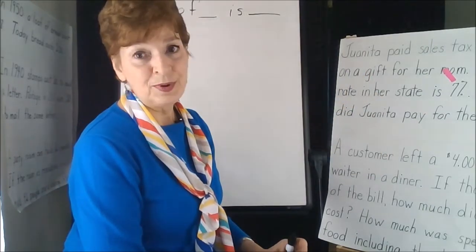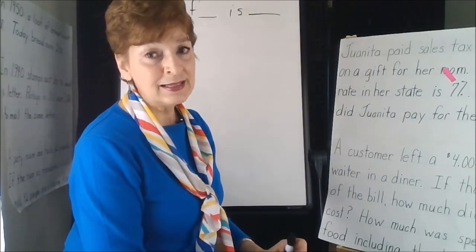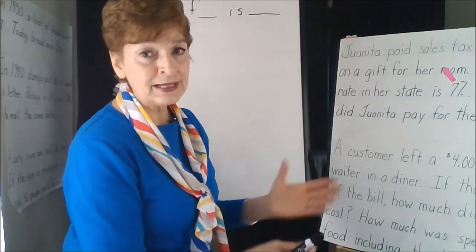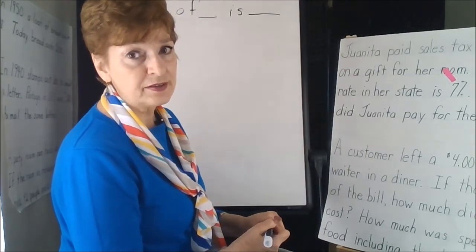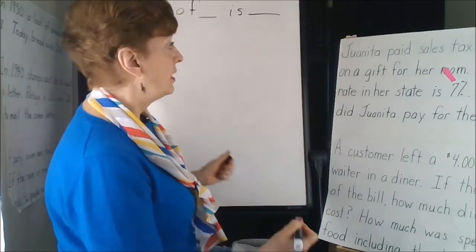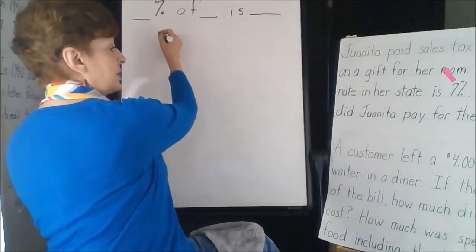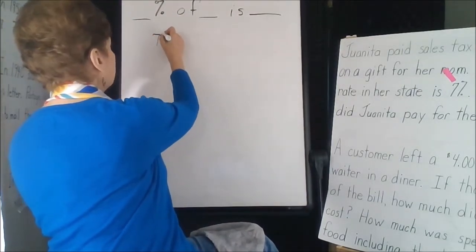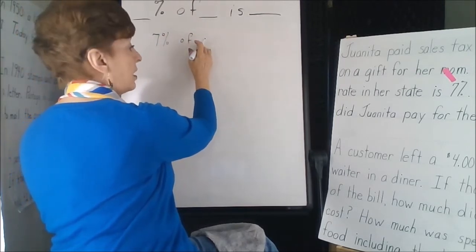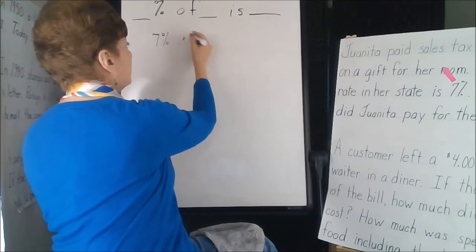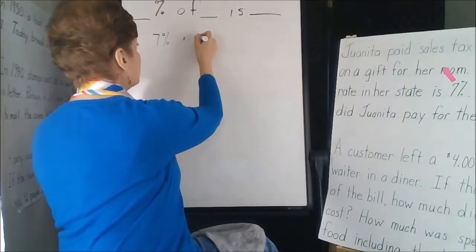Let's do the Juanita problem one more time. And let's see if we mixed up the numbers, if it would really make any sense, if we could catch ourselves in, oh, I did it wrong. Okay, our 7% still goes here. Of this time, we'll be saying that the of number was the $5.90.